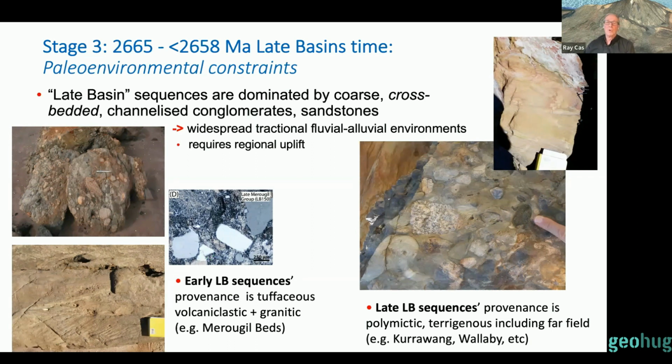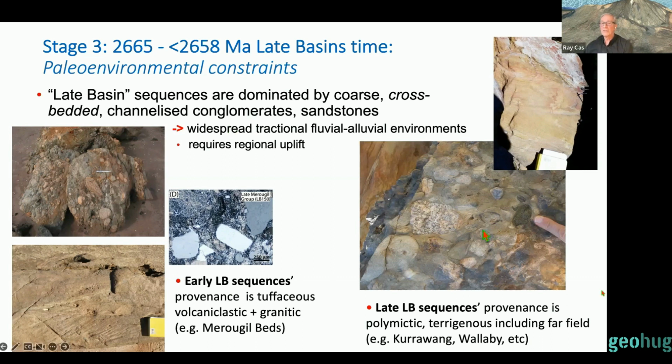So the Merougil sequence was fed by, again, a very significant regionally extensive dacitic explosive eruption event. It represents the earliest stage of late basin sequences, but the depositional environment was braided river to alluvial fan.